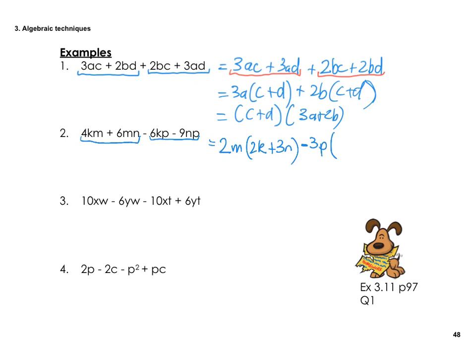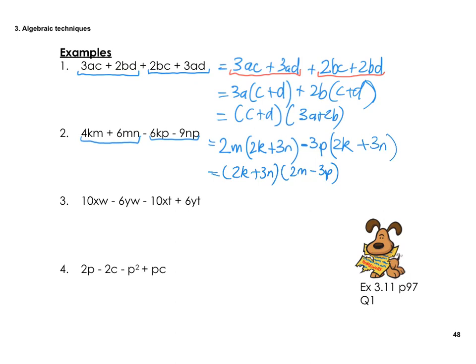Now we want to times by 2k, and we want a plus because we already have a minus, so to keep it as minus, we plus 3n. Now we factorize. Remember, one bracket is the existing bracket, the other bracket is the outside parts. So 2k plus 3n in one bracket, 2m minus 3p in the other one.